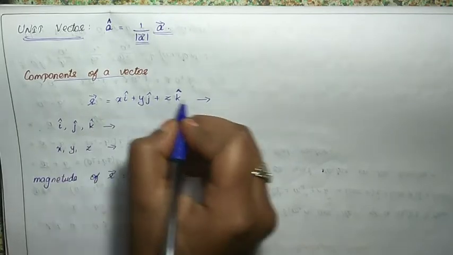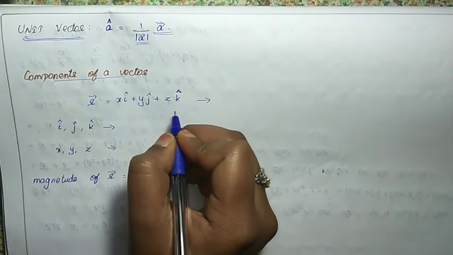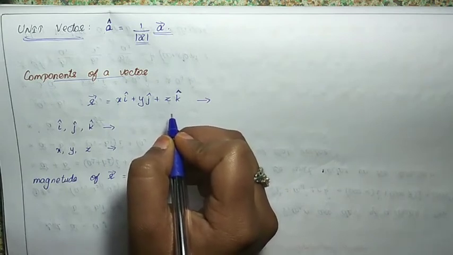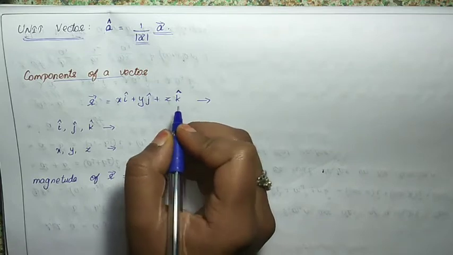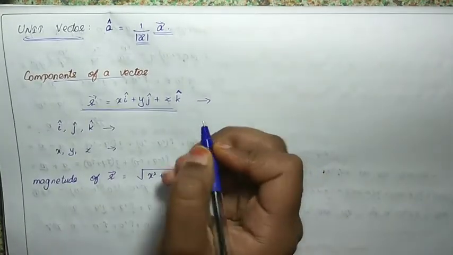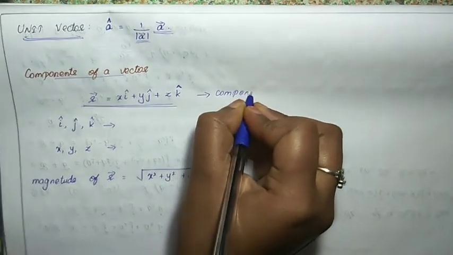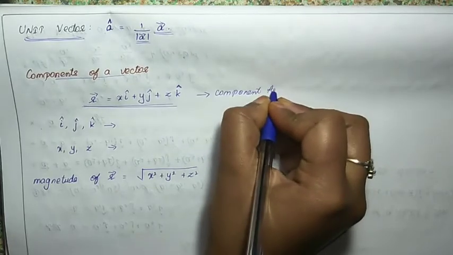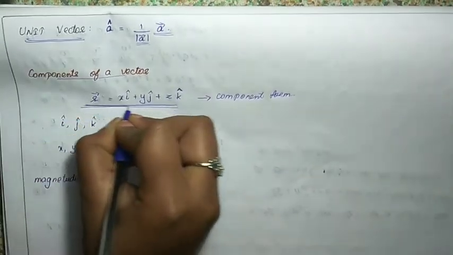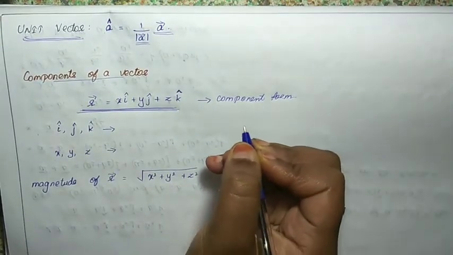These are the unit vectors, and x, y, z might be some variables or constants, depending on the equation. This equation has a special name called component form.